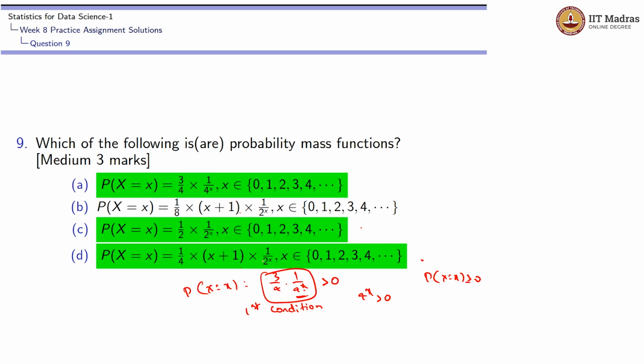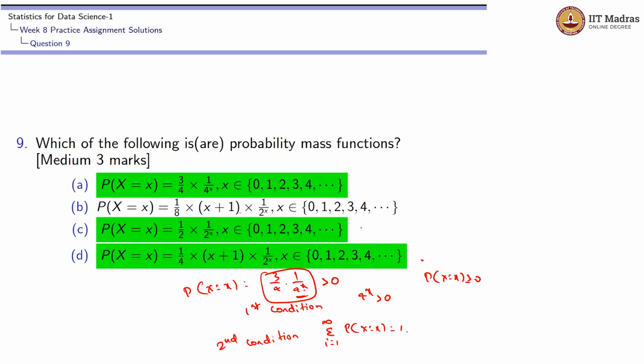All we need to look at is the second condition, which is the sigma of i equals 1 to infinity, or n. In this case it is infinite, since we have infinite possible values. The sum of P of x should be equal to 1. Okay, we will solve this for each of these options.